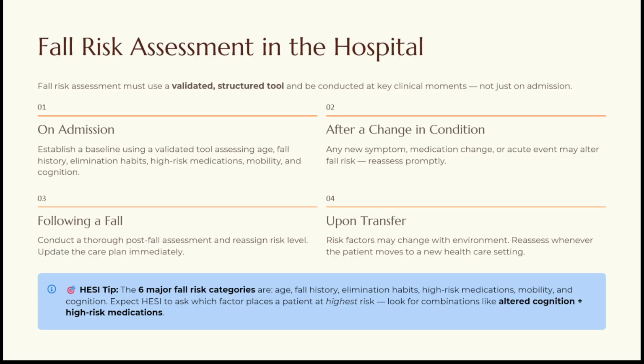The major fall risk categories include age, fall history, elimination habits, medications, mobility, and cognition. Patients with multiple risk factors require more aggressive safety interventions. For HESI, altered cognition combined with high-risk medications is a common high-priority scenario.